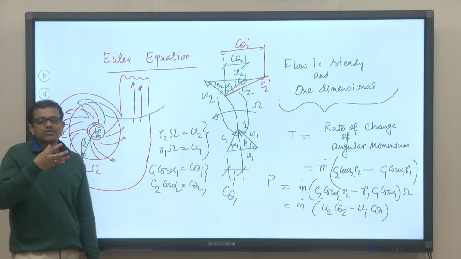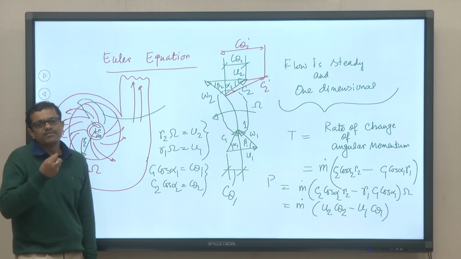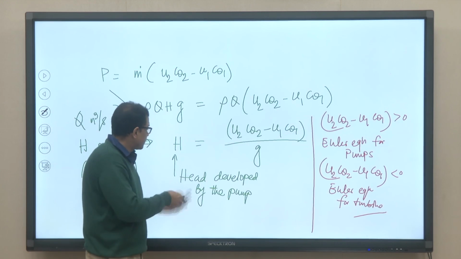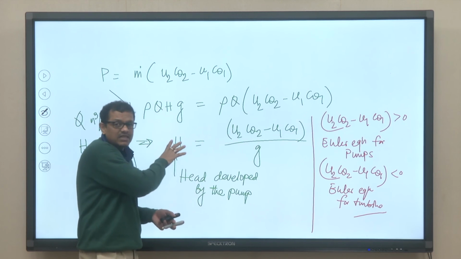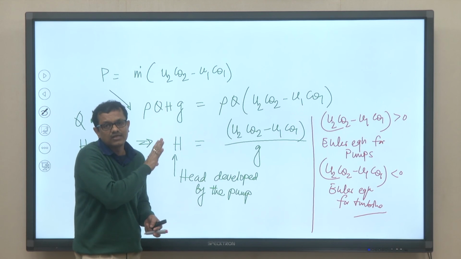Now, the vortices will sustain, and to sustain the vortices they will try to take energy from the main flow. So, basically the expression, the Euler equation, the expression which we have written, this expression will give you the ideal head. So, this quantity will not give you the actual quantity.